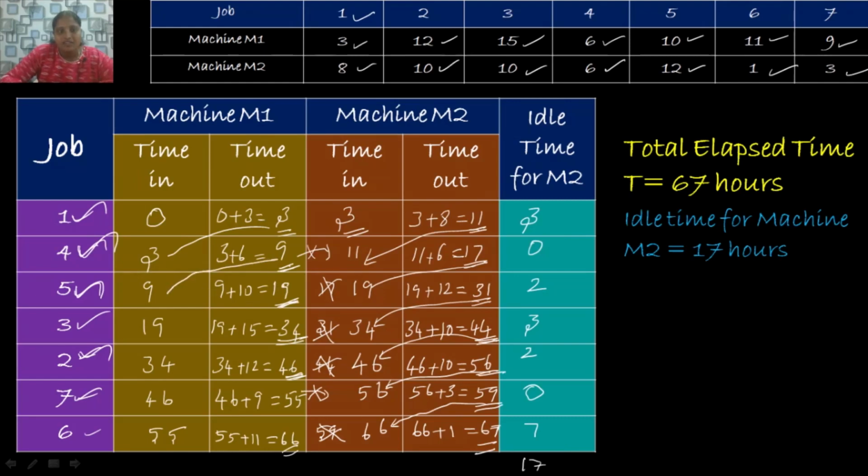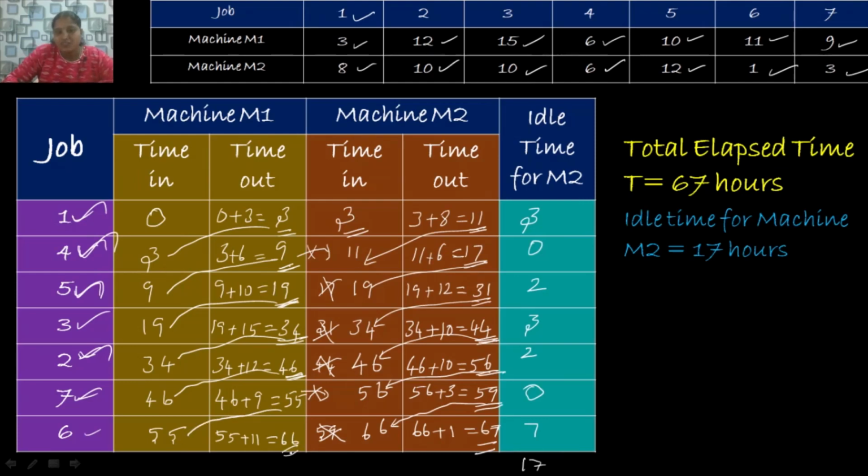Then after completing at 19 hours, again it has the next job to process. At 34 hours it has completed its processing, so again it gets a job at 34 hours. At 46 hours it has completed its processing time, so immediately it gets a job at 46 hours. At 55 hours it has completed its processing time, and immediately it gets a job at 56 hours.